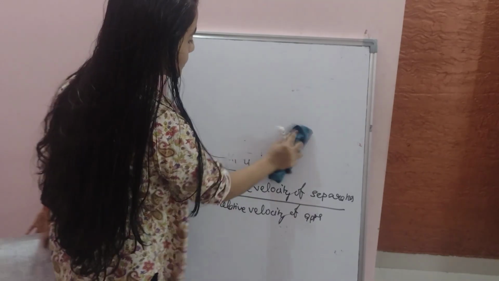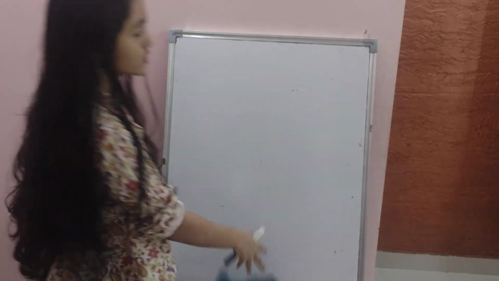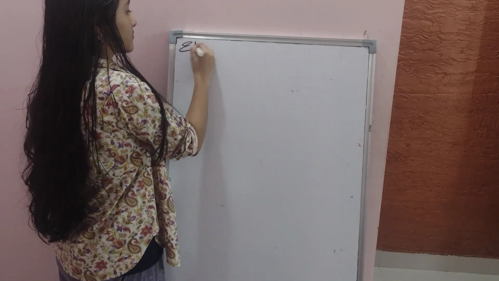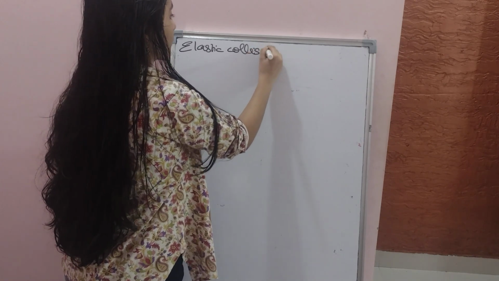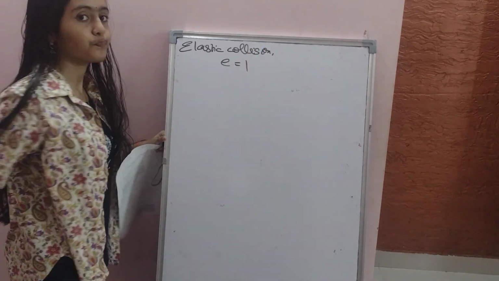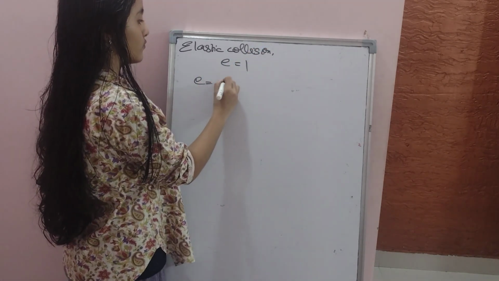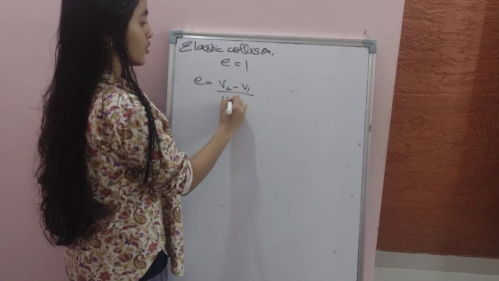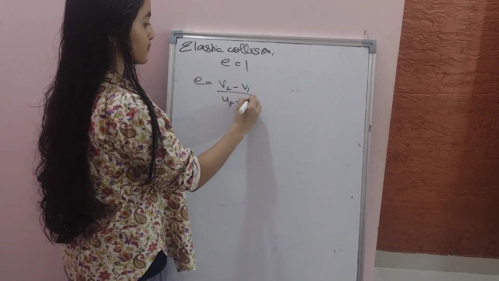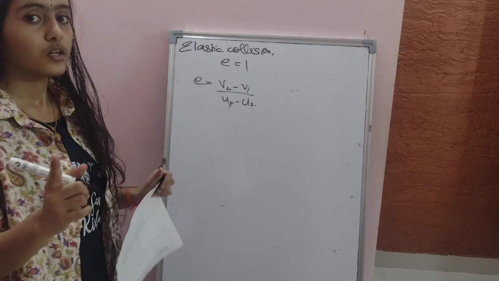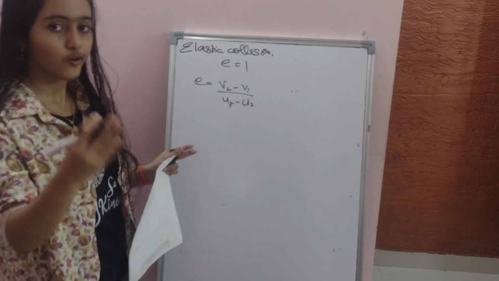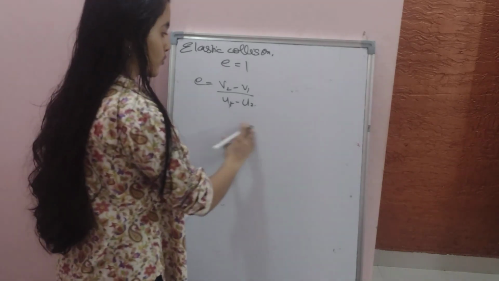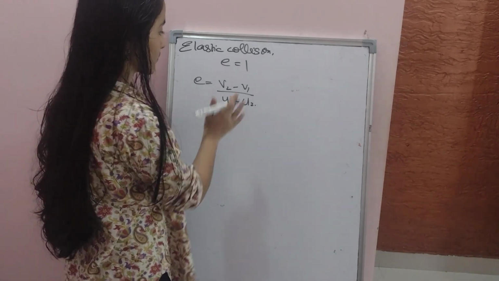Now can you say, for elastic collision, what is the value of E? For elastic collision, E has the value equal to 1. E is equal to V2 minus V1 divided by U1 minus U2. In elastic collision, these bodies are moving in the same direction.